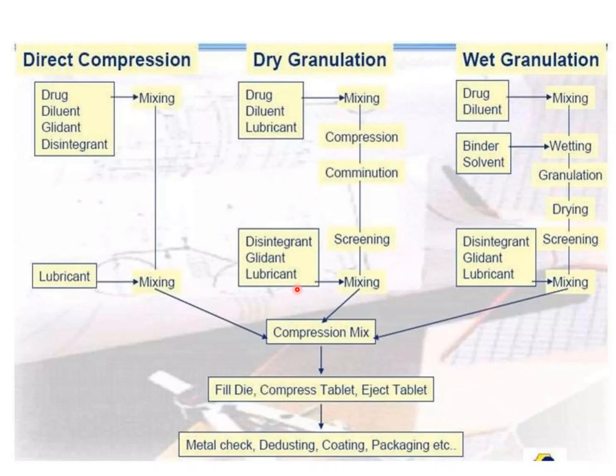And after mixing, the compression starts. During wet granulation, binder solution is added, drying steps are performed, and after that compression is done. After compression, the compressed tablets are ejected, and finally quality control and packaging are done.